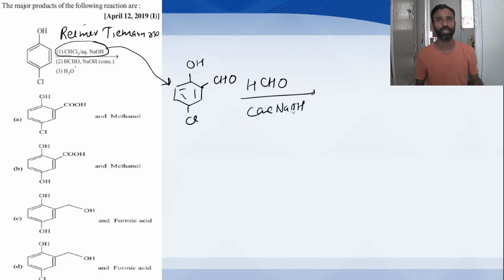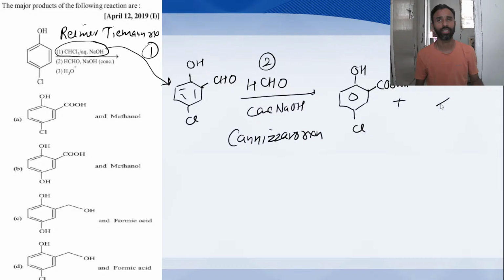What is the name of this reaction? The first is chloroform and aqueous NaOH, so we get this product. Now, the second is the Cannizzaro reaction. So disproportionation takes place and we get these two products.